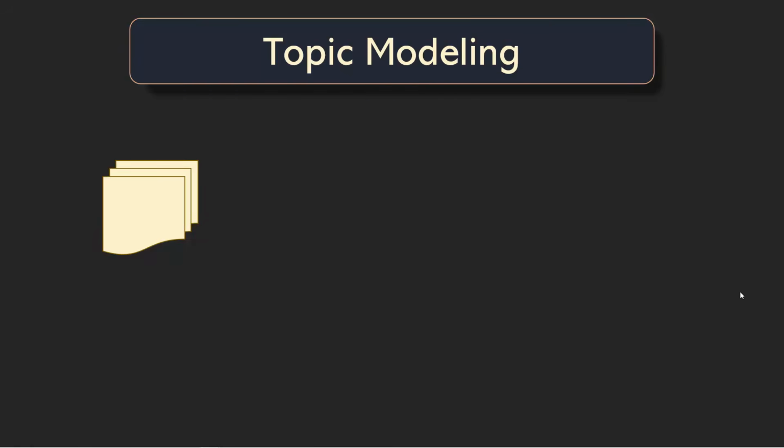Topic modeling is another NLP task where you have a bunch of documents, a huge volume of documents, and you don't have time to read all of these documents one by one. So you can use a topic modeling technique to retrieve the abstract topics out of it. So you're retrieving abstract topics out of a collection of documents using topic modeling.